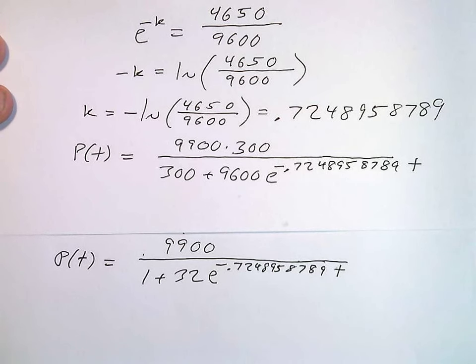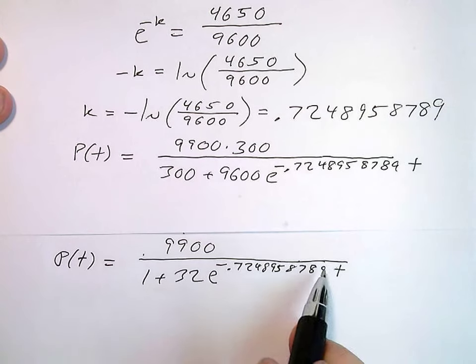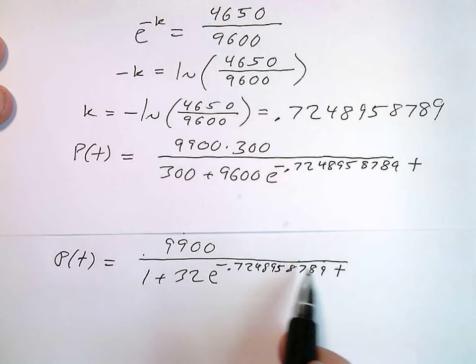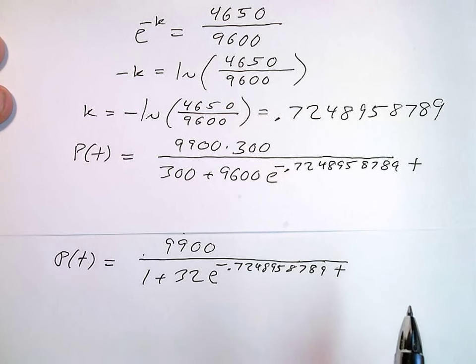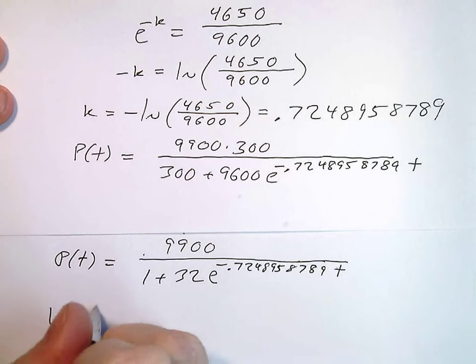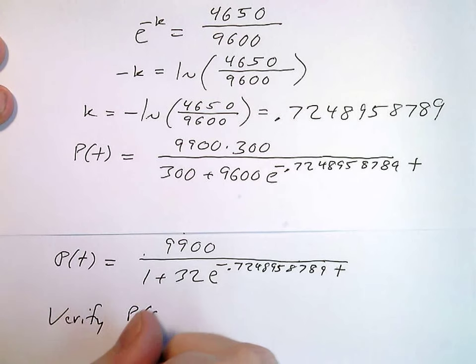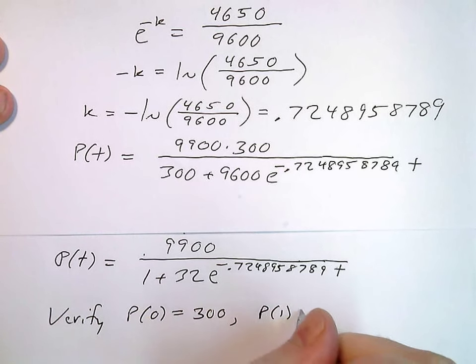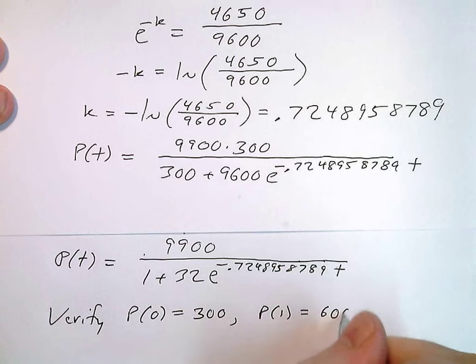So this is my population function. And you might notice a couple things. One thing that you can check is that if t is 0, I should have P of 0 is 300. I should also get P of 1 is 600.